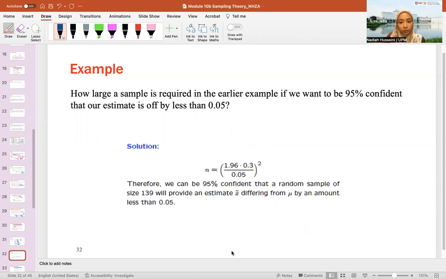So my answer would be 139. So my sample size is 139. Earlier, when I got an interval of 1, my sample size was just 36. So there's a huge difference in the sample size.